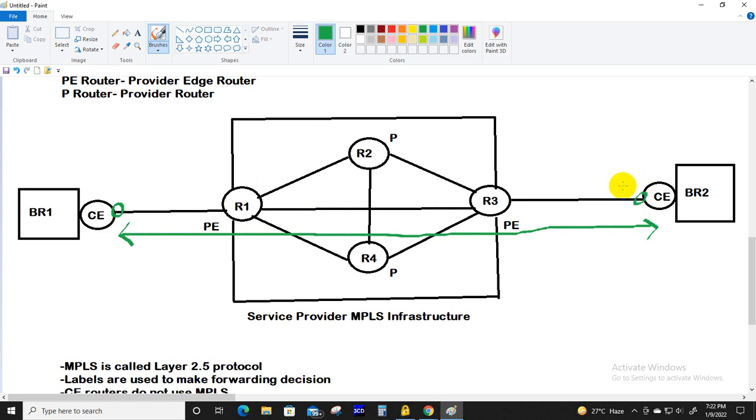Basically, in layer 2 MPLS VPN, this service provider MPLS infrastructure appears as a switch, and these two branches are the two end users connected to that switch. So this is the basic difference between layer 3 MPLS VPN and layer 2 MPLS VPN.